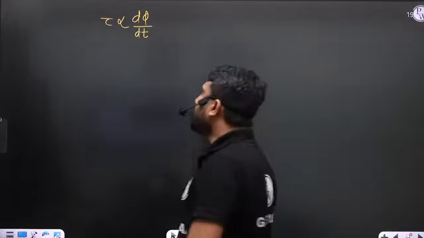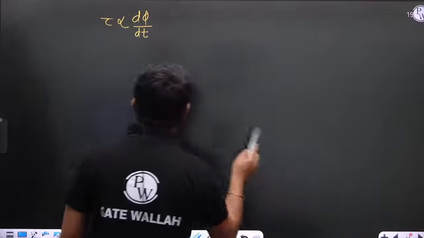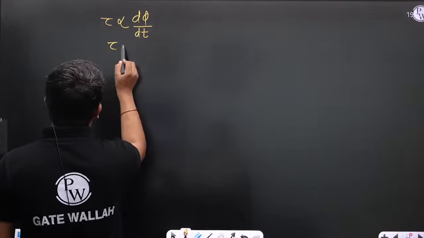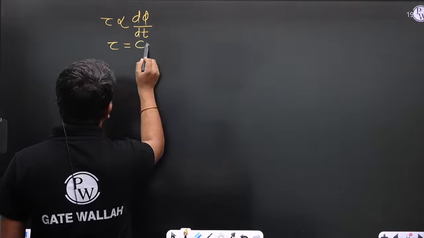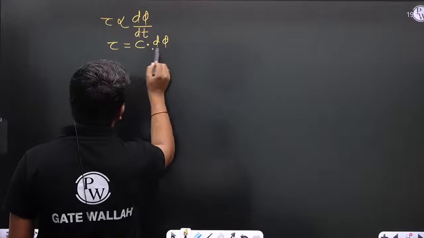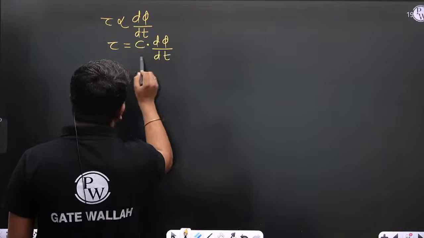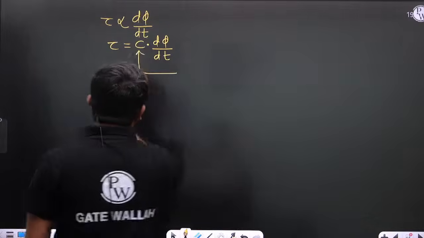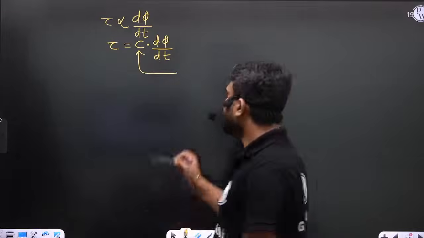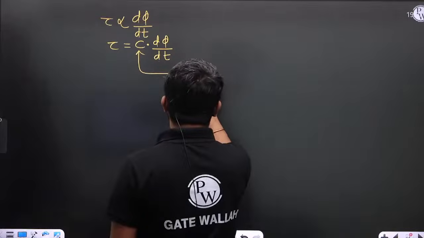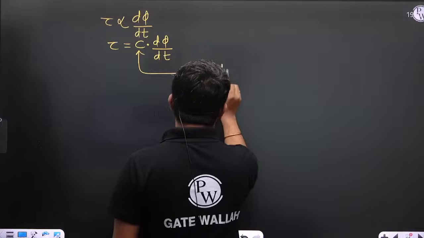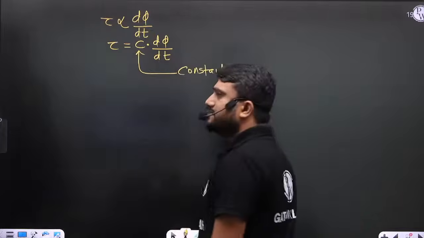Now if you remove the proportionality sign, then a proportionality constant comes into the picture, and this proportionality constant is very, very important.